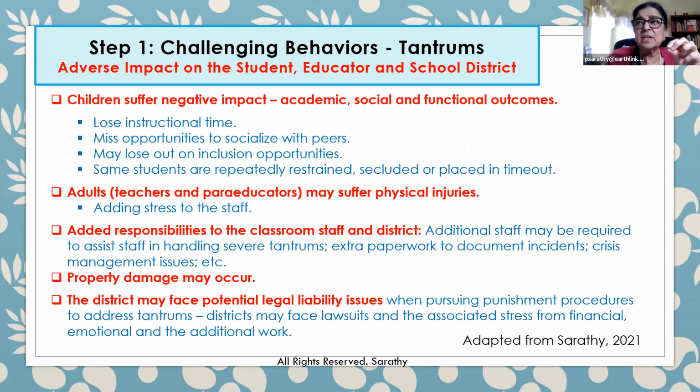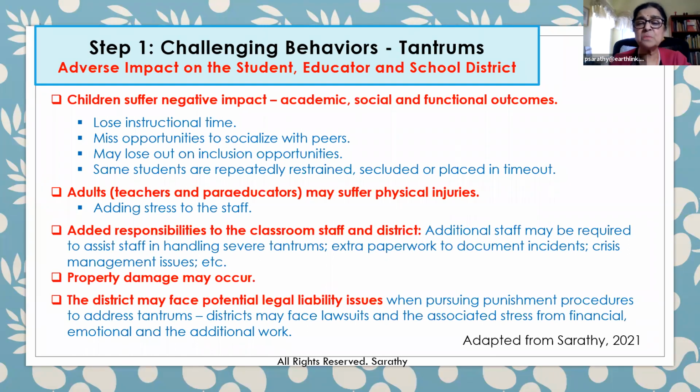And the sad thing is, the same students are repeatedly restrained, secluded, which means they continue to suffer. There is also a significant negative impact on the adults. Teachers and paraeducators and some of the others, when they are working with these students and there is aggressive behavior from the student, may suffer physical injuries, property damage may occur, and this may cause more emotional and physical stress to the staff.